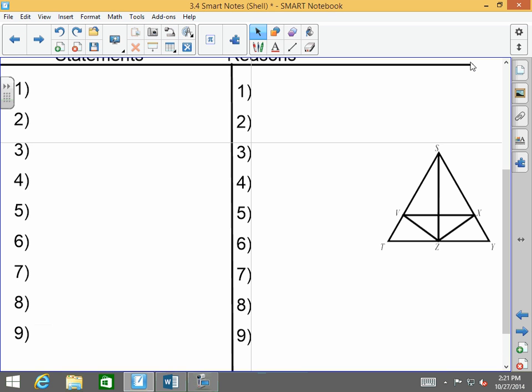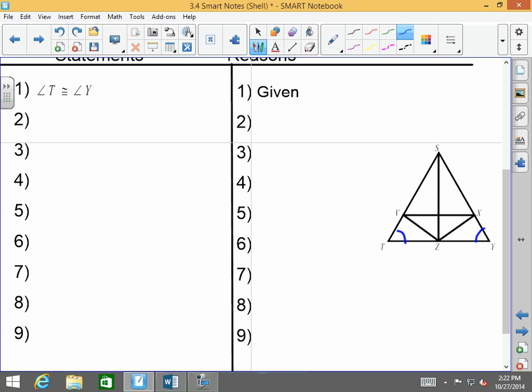So, my first given is that T is congruent to Y, and of course that's given. You know me, I'm going to start labeling like a madman. Next, my next given is that angle SVZ is congruent to angle SXZ.